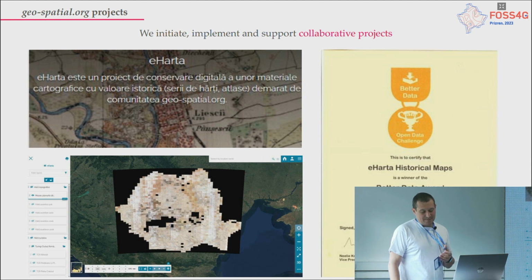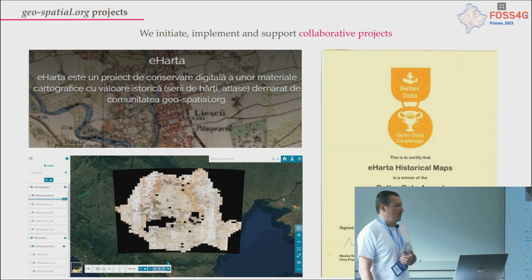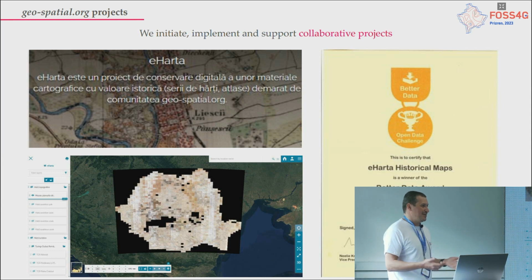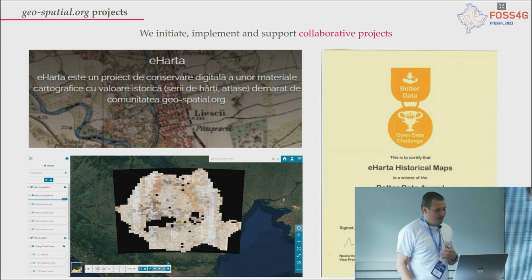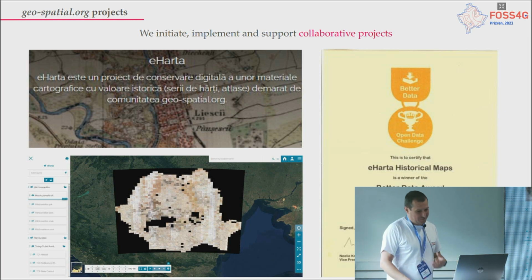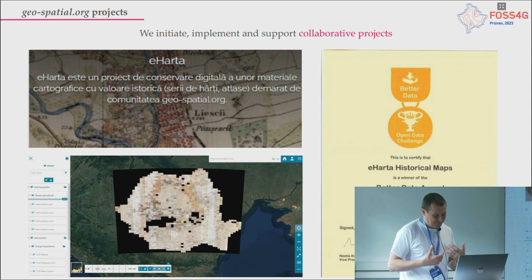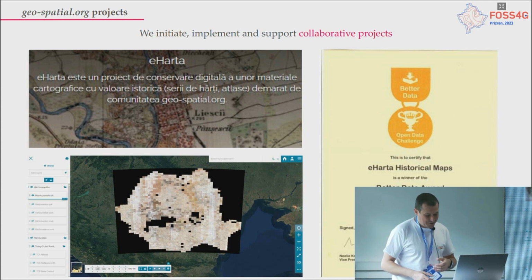And then I got an email that said, okay, you won the Better Data Award challenge, and Tim Berners-Lee evaluated your project, and they said it's great, and please come to Brussels and present the project. It was introduced by Neelie Kroes, who was the vice president of the commission, a commissioner, and it was in front of 800 people at a big event, and it was a lot to take, and at that time for us it was so honoring.